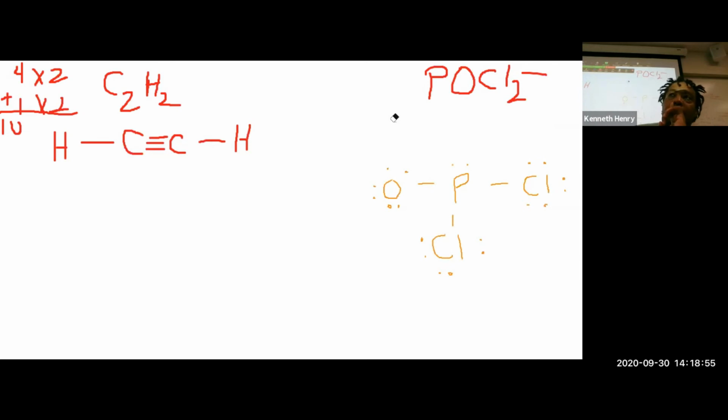Okay, so let's do formal charges before we move on, because I think we're getting close to the closing time moment. So formal charges, I'm going to type this out for you. You're going to look at it for each atom.